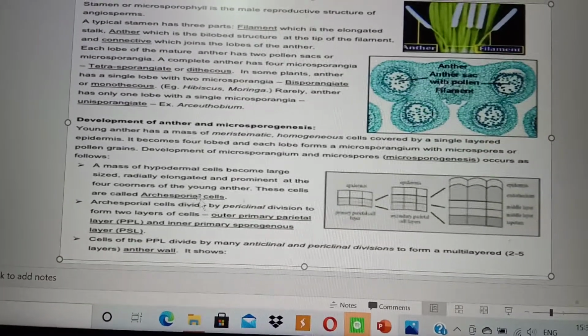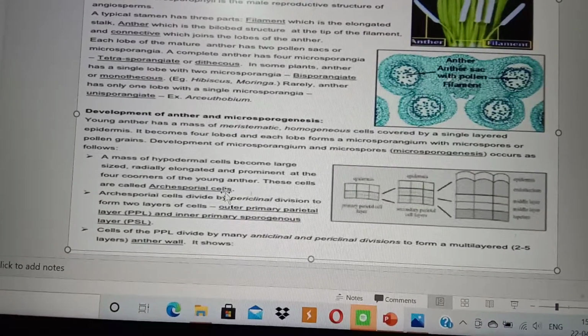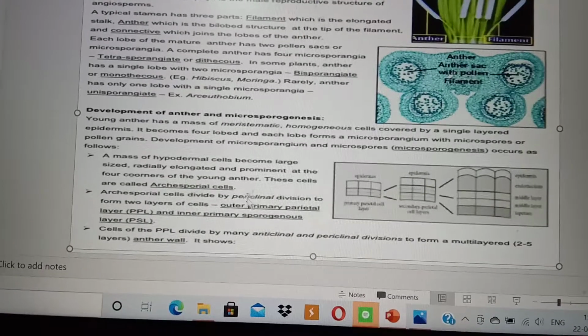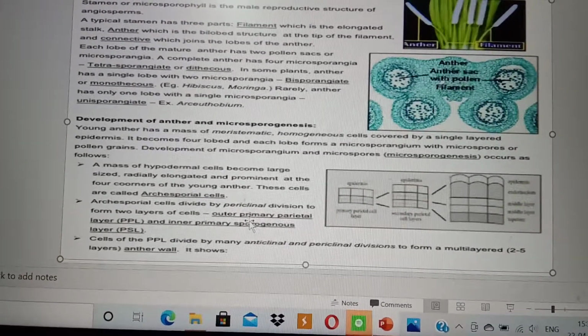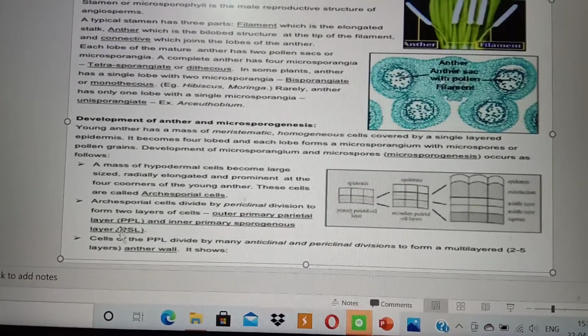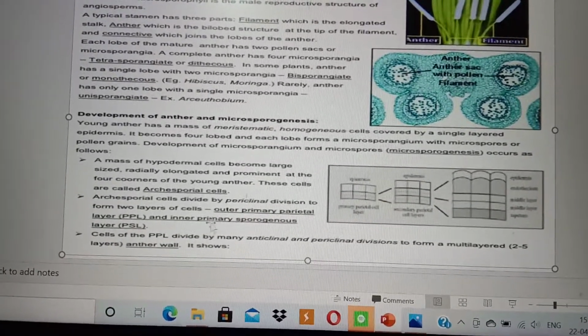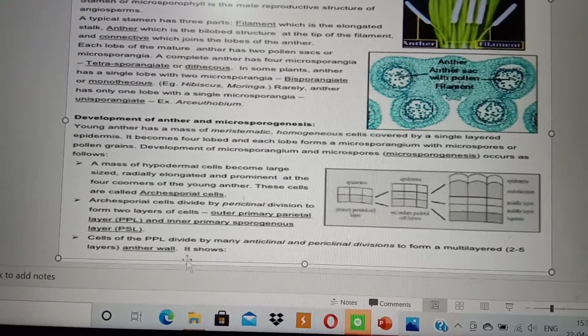Okay. Then these archesporial cells, as they are distinct from the other surrounding hypodermal cells because they are larger in size, divide by periclinal divisions to form 2 layers of cells, the outer and the inner. The outer will be called the primary parietal layer, PPL, we can name it as short form, and the inner the primary sporogenous layer.